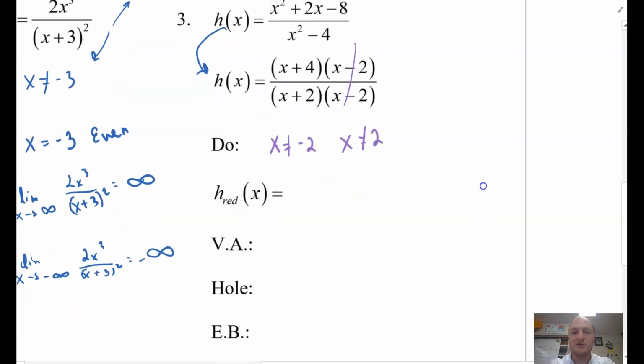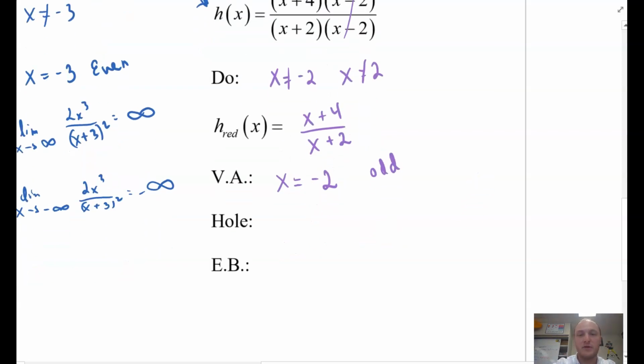Now our reduced function is going to be (x + 4) over (x + 2). The vertical asymptote is the discontinuity in the denominator after we reduce. So here x equals -2, and this is odd. It's your vertical asymptote. And then we have a hole. This comes from this portion here. The reduced factor is our hole, and so our hole is at 2.